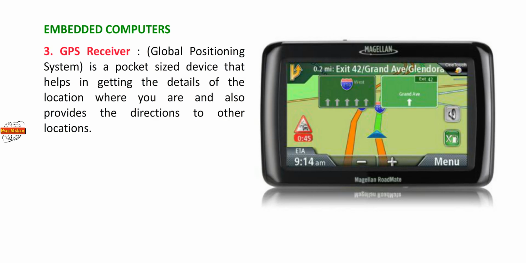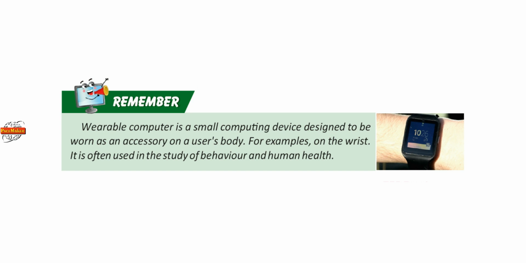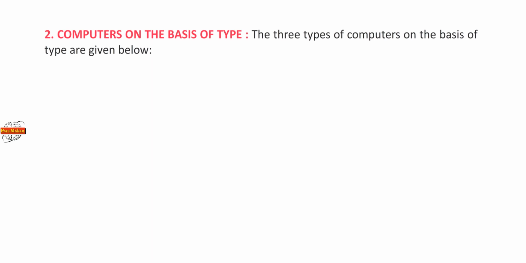Global positioning system is a pocket-sized device that helps in getting the details of the location where you are and also provides directions to other locations. Remember, a wearable computer is a small computing device designed to be worn as an accessory on a user's body, for example, on the wrist. It is often used in the study of behavior and human health.